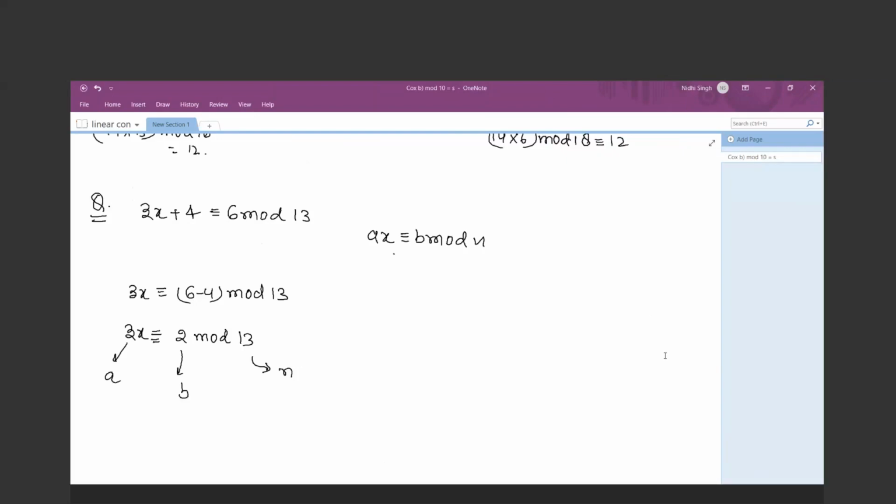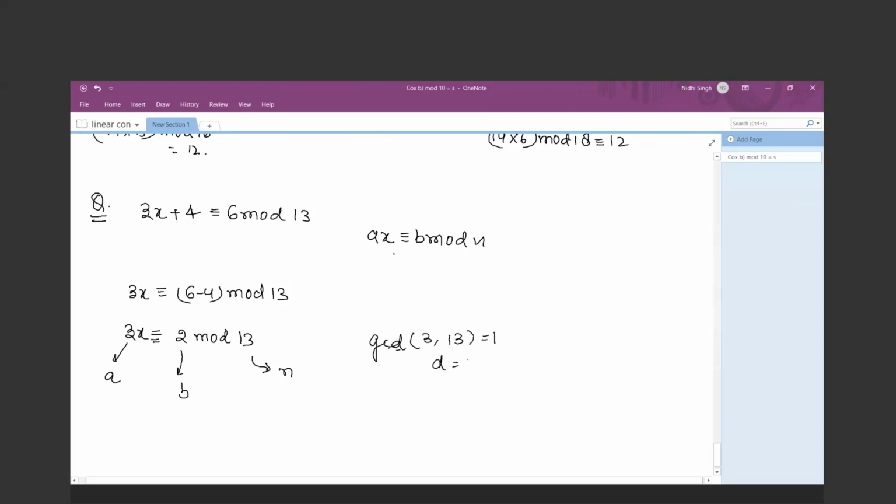Yes, one solution is possible. And what will be the value? Yes, the answer is correct. So GCD of A, comma N equal to 1.